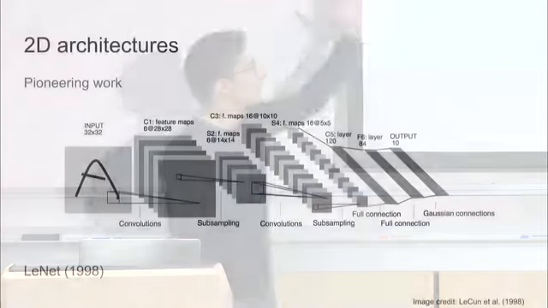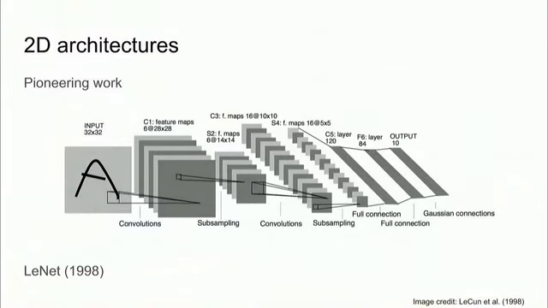So for example, let's say here I have an image of a horse as an input. Then the first convolutional filters will detect low-level features like shapes, for example, straight lines. And then as you go deeper, more and more subtle features tend to be captured by the network, such as eyes and ears.